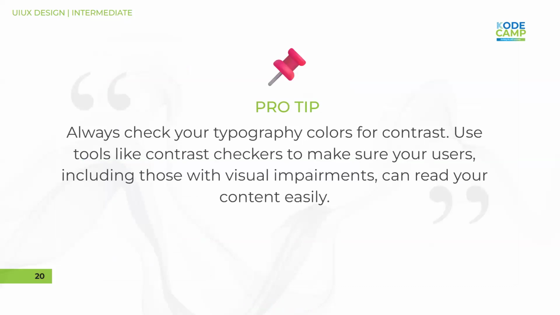We have contrast checkers, so use them to be sure that your color passes the test. When we go into the practical part, we are going to use a plugin in Figma, and also a website, to check whether it has passed the contrast check.